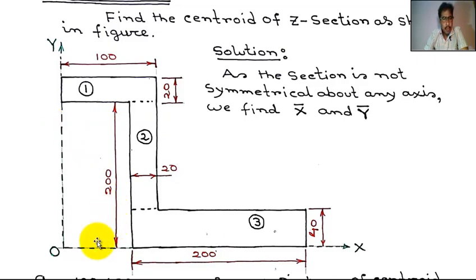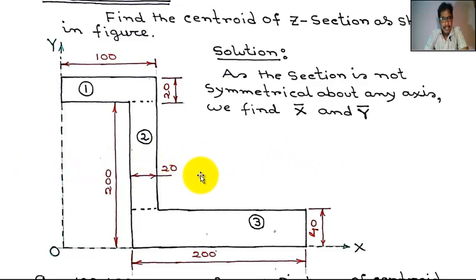Again, if we draw a line parallel to the OX axis, this section is not divided into two equal parts.